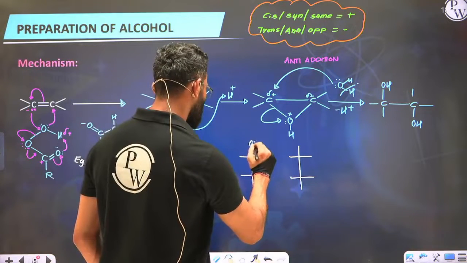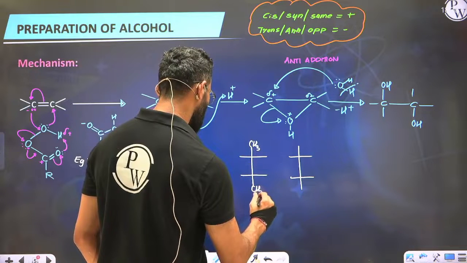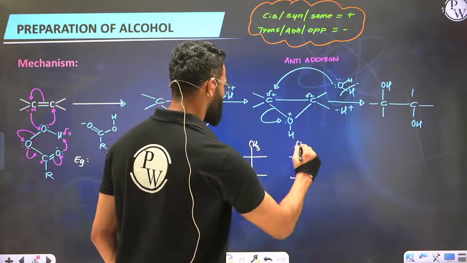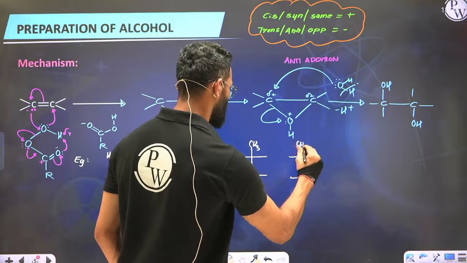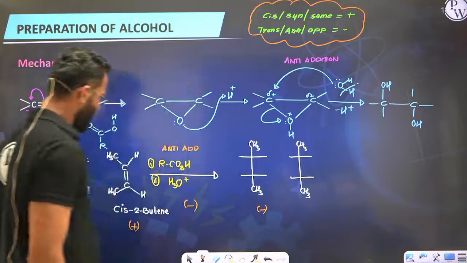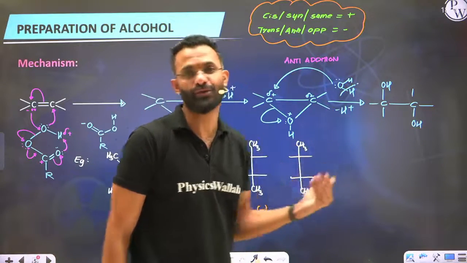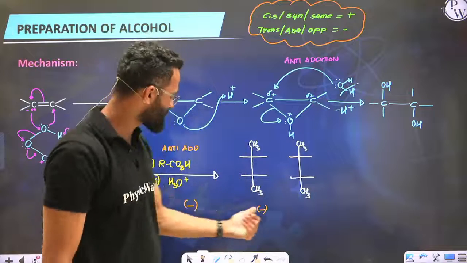So first is methyl, last is also methyl. Well, I'm keeping this also ready. Now see, at the second and third carbon, the two OHs are going to get added. Now how are we supposed to add them? That is answered by this.